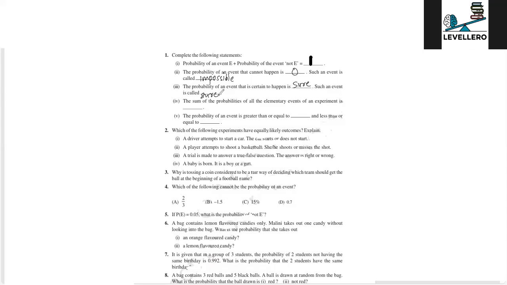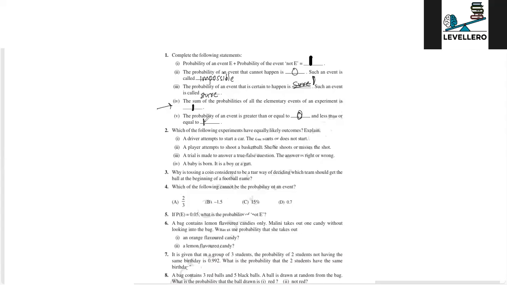This is the answer here, sure. And the probability of a sure event is 1. Next, the sum of probabilities of all elementary events of an experiment is again going to be 1. The probability of an event is greater than or equal to 0 and less than or equal to 1.